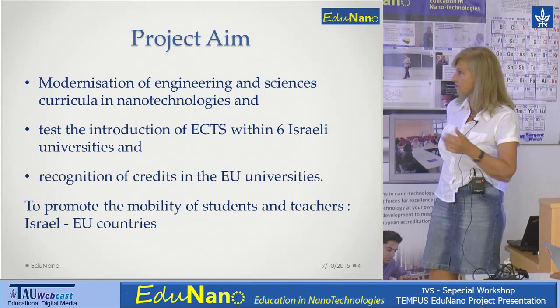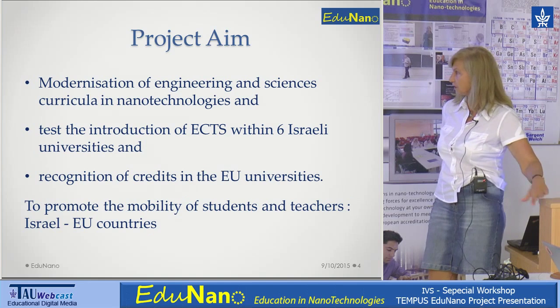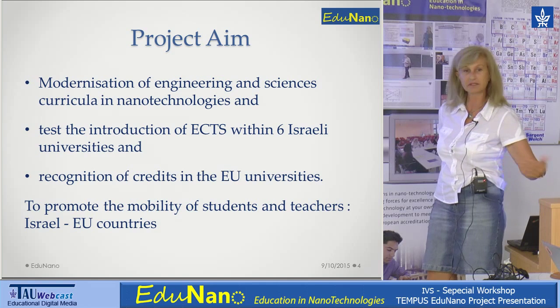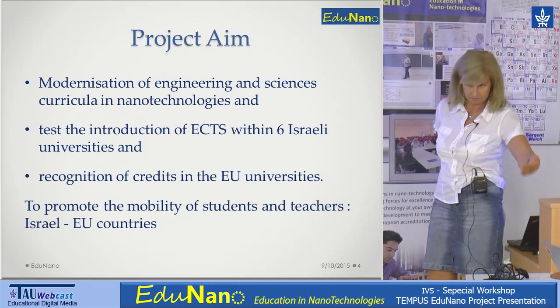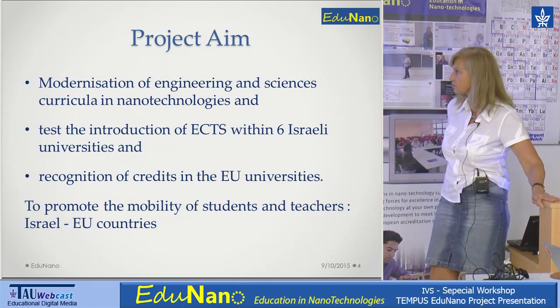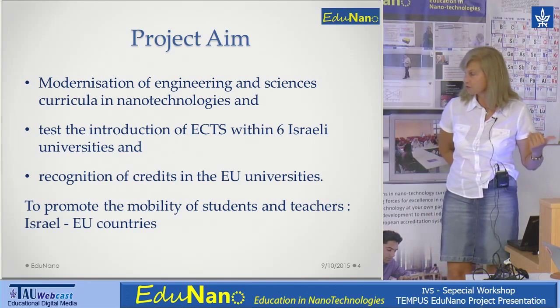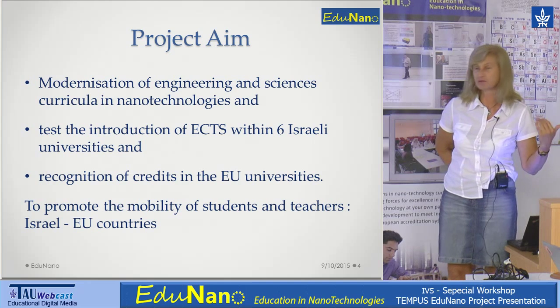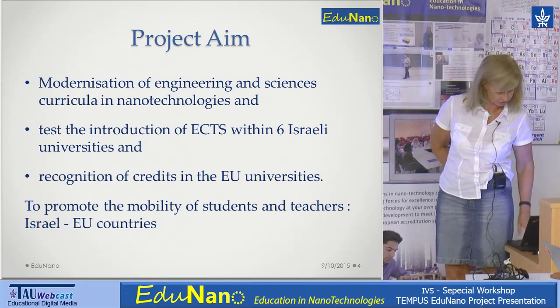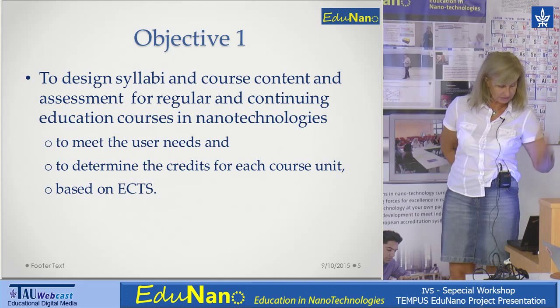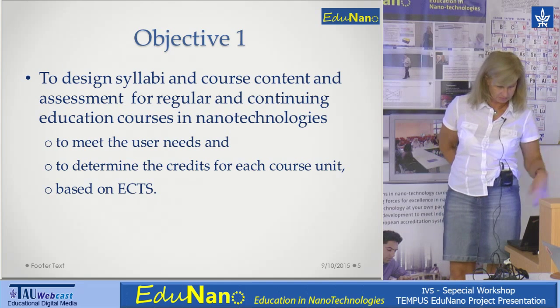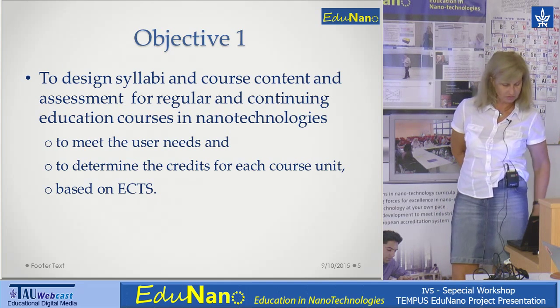But also to introduce this credit system within 6 Israeli universities, to recognize the credits of the European and Israeli universities, and to be able to exchange students and teachers and to promote mobility between Israel and European countries as well. One objective is to design syllabi and course content and so on.